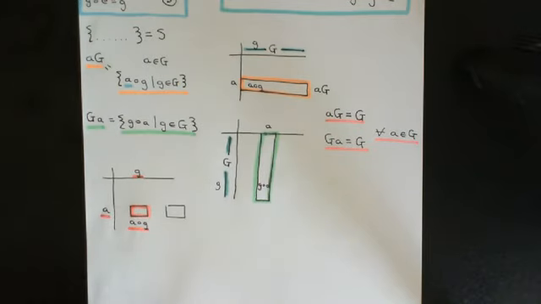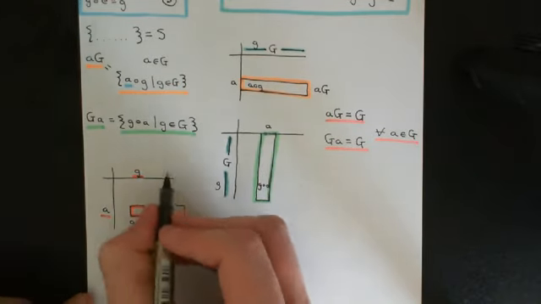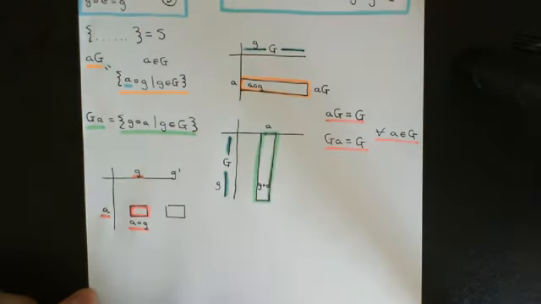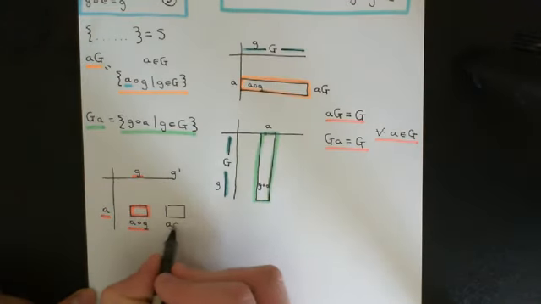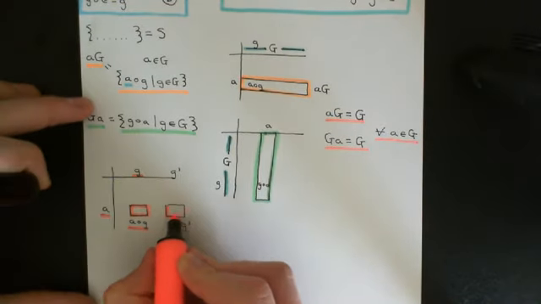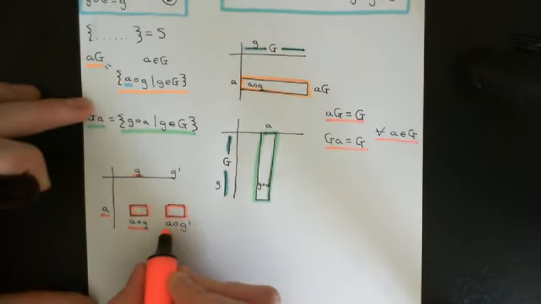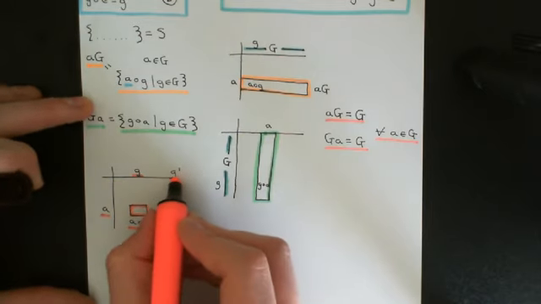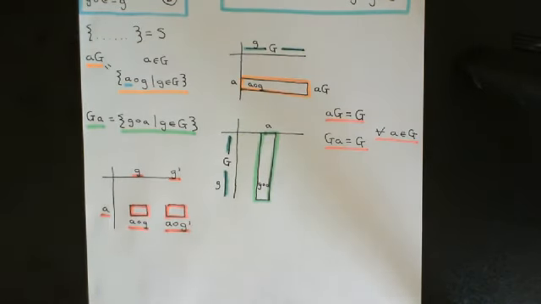For this entry over here, we'll have some element g prime, which is an element of capital G, such that when you left multiply it by a, you get the same answer. So we'll call this entry little a composed with little g prime. And we are saying these two answers are going to be the same thing.